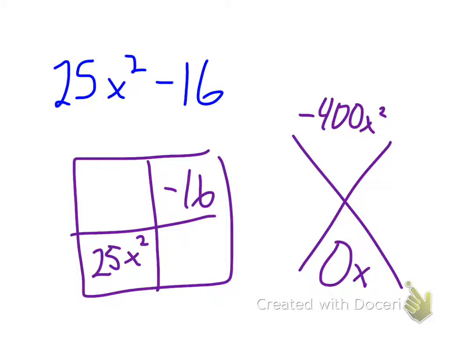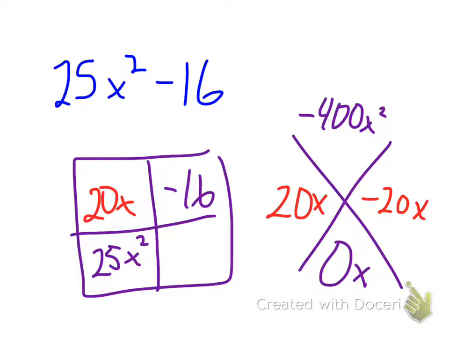That lets me know that they multiply to be a negative, they add to be 0, which means they have to be the same number, one positive, one negative. That's going to be a 20x and a negative 20x. So I put those here. And then when I take a look at my greatest common factor from those two, that's going to be a 5x.